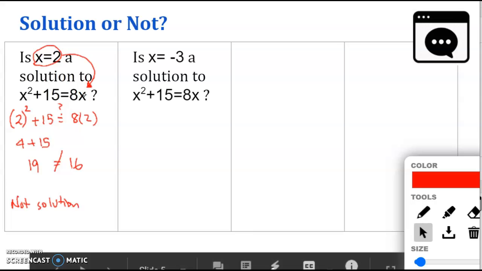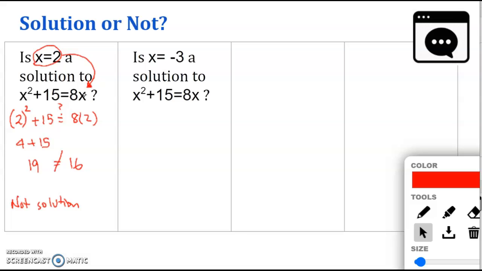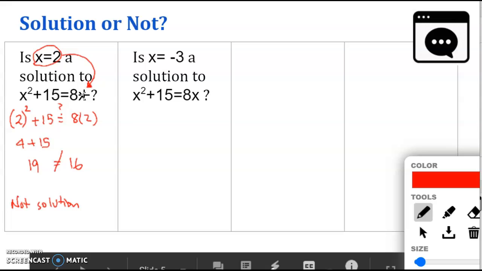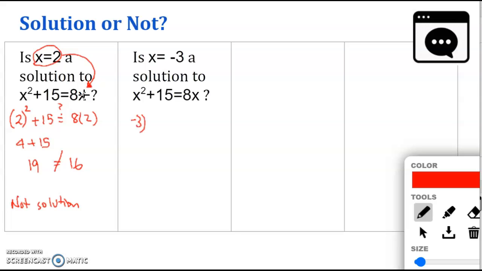What about x is equal to negative 3? Is that a solution to this equation? Let's try that by plugging it in. Again, I am using parentheses, especially when you're dealing with a negative sign. You want to do that so that you do not lose any negative symbol. So negative 3 all squared, it's negative 3 times negative 3 is positive 9 plus 15.